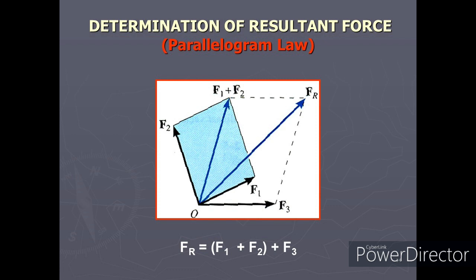So you cannot just say you have this to be 10 Newton, and then you have this to be 20 Newton, and then you come here and say that the resultant vector is 20 plus 10, which is 30 Newton. No. Because the vectors are expressed in magnitude, not in vector form.